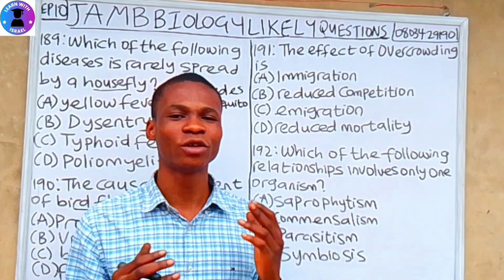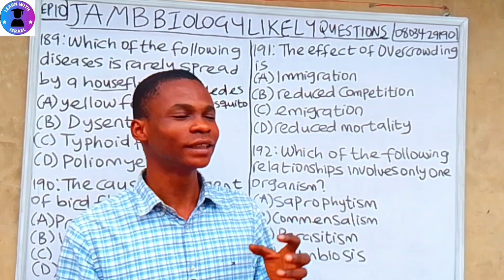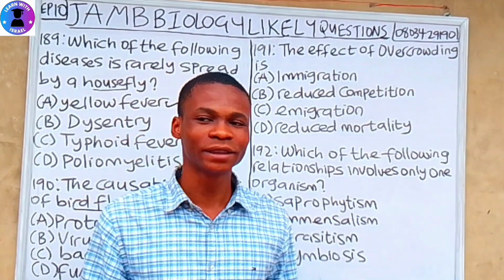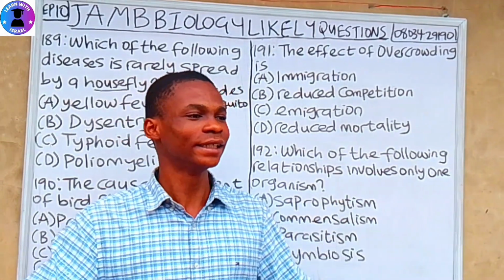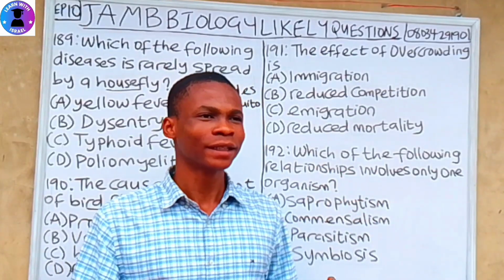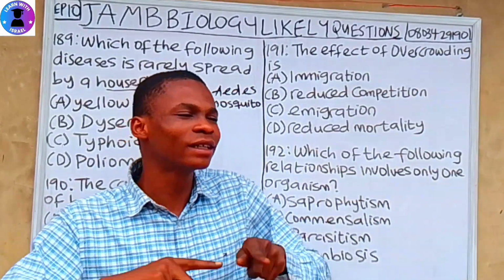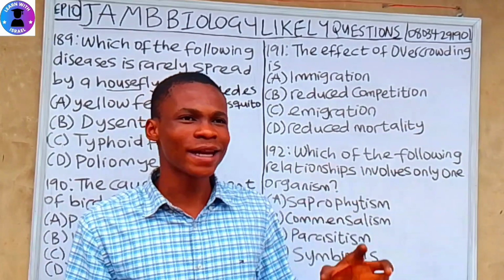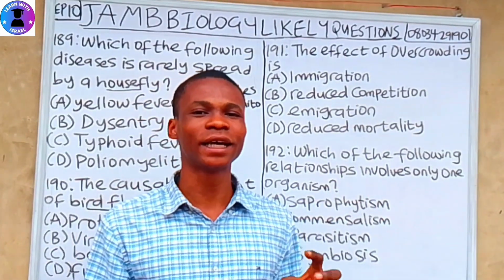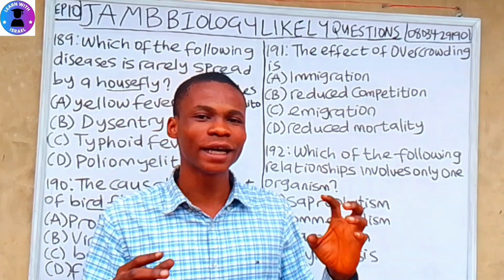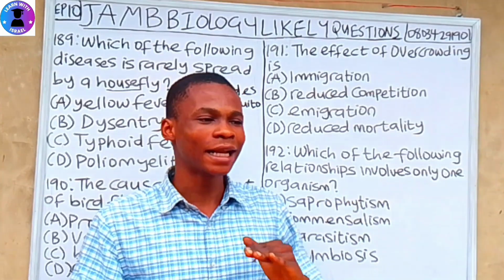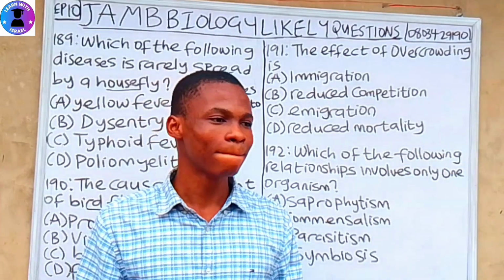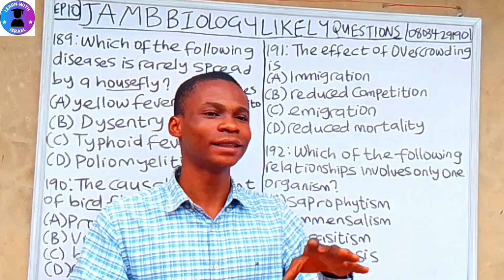How does it aid overcrowding? Once organisms are crowded in a particular habitat, they tend to emigrate to a sparsely populated area. When I say sparsely populated area, I mean an area with fewer organisms there. So they emigrate there, and they stay there.